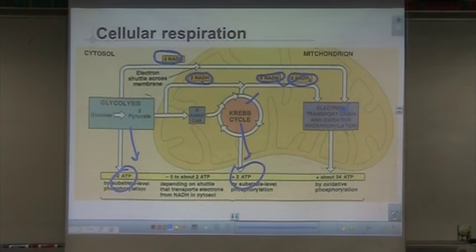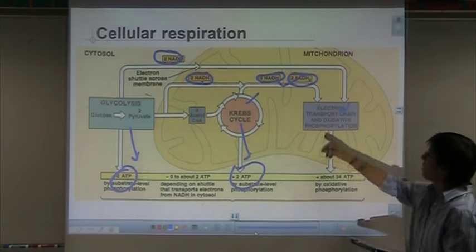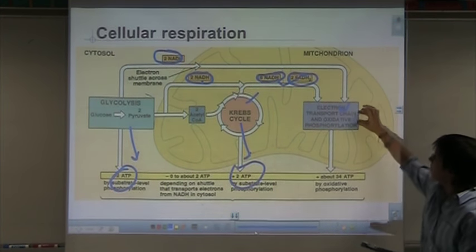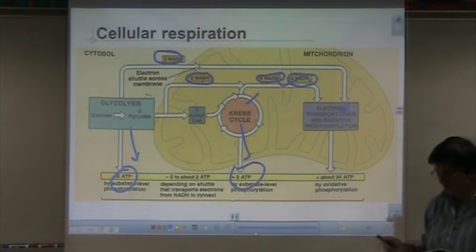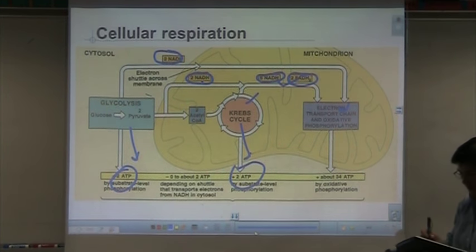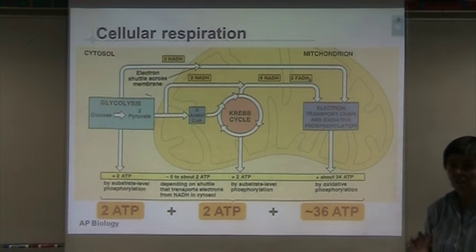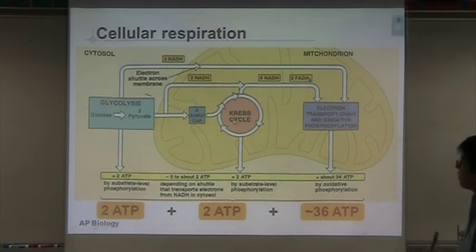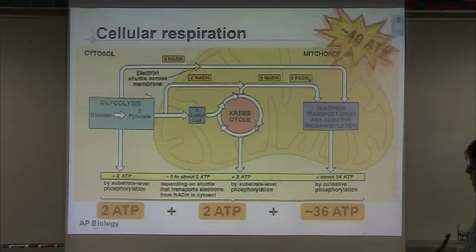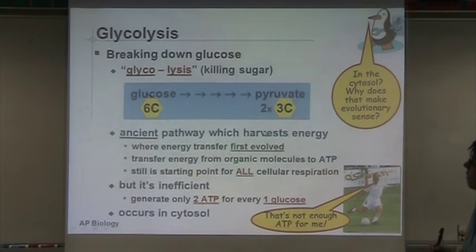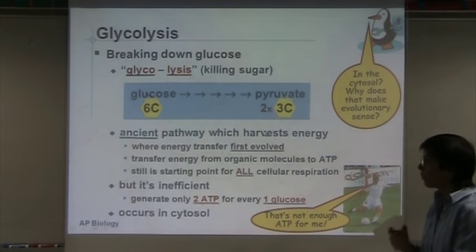And recall that when you get to the electron transport chain and oxidative phosphorylation, you are going to end up producing about 34 ATPs. A big payoff day. 34, 36, it depends on a few parameters, but huge. So total about 40.